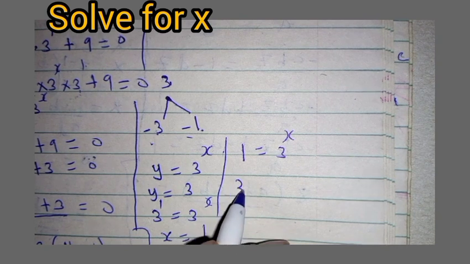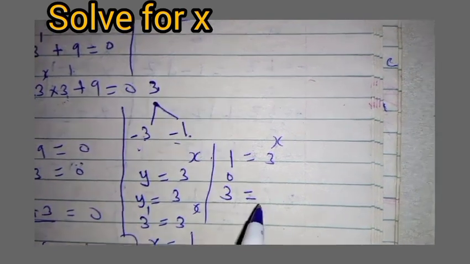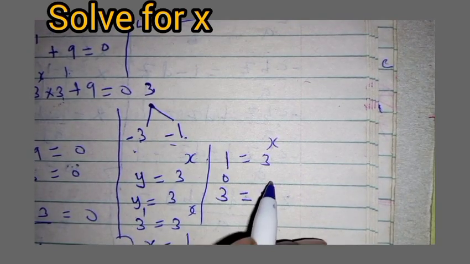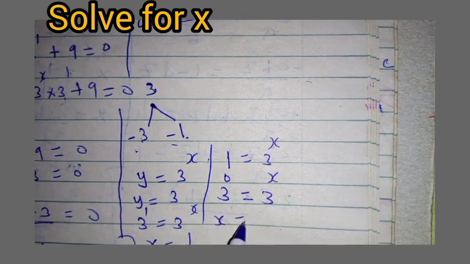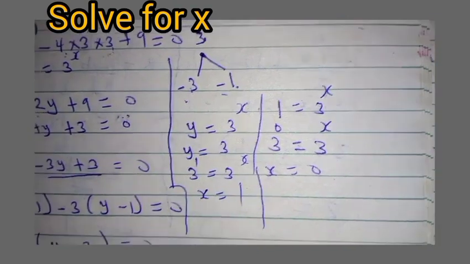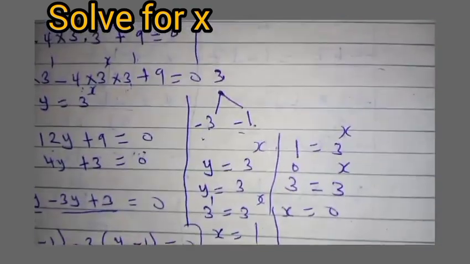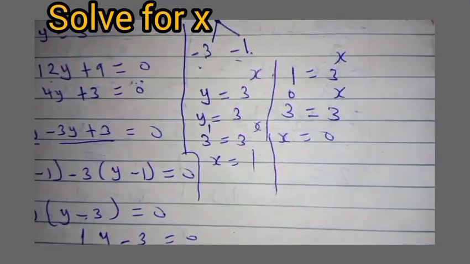One can be written as 3 power 0, because any number power 0 is equal to 1. This is equal to 3 power x, meaning that our x is equal to 0. So our possible values of x for that question are 0 and 1.